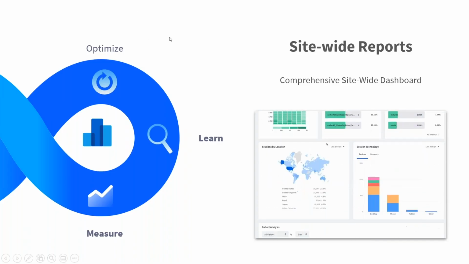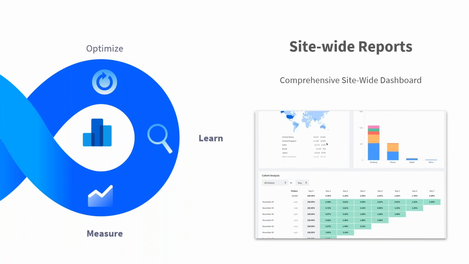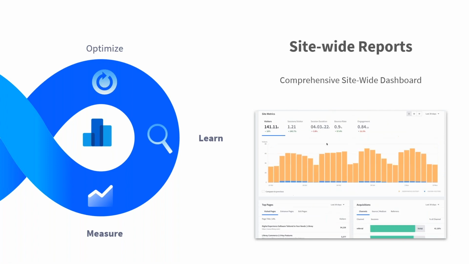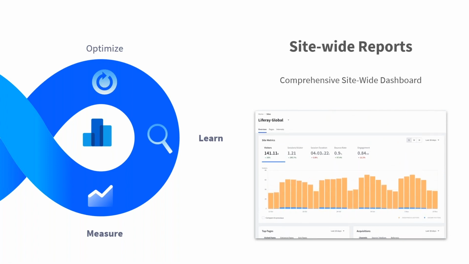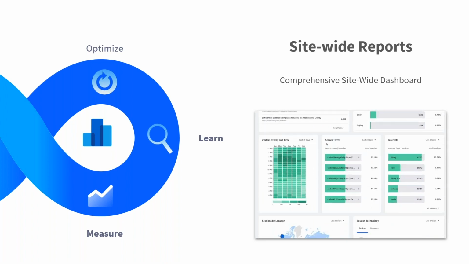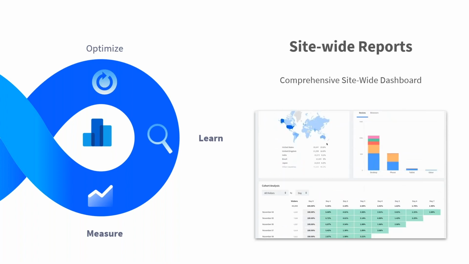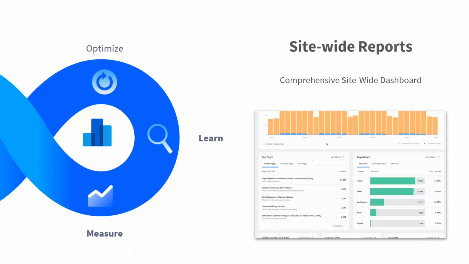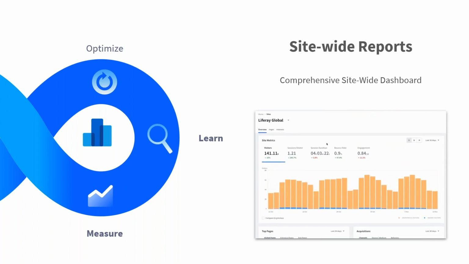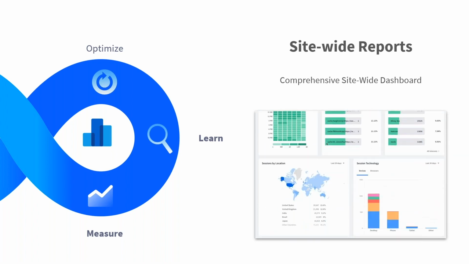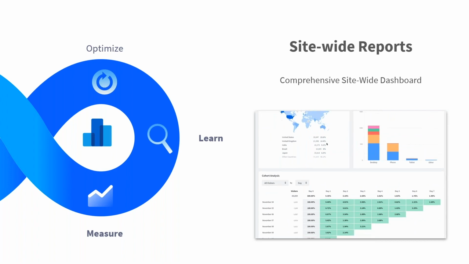So in an analytics system for a modern customer who is using a DXP and many other channels, you need to have some basics in place. So the first thing is site-wide reports. You can do this in Google Analytics. You can do this in many different analytics platforms, open source and not.